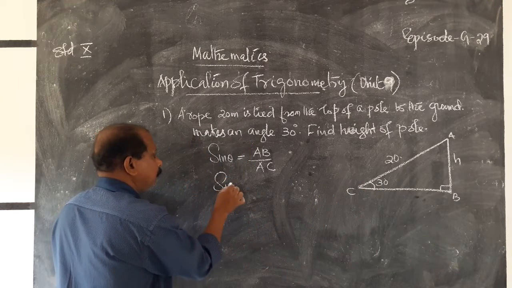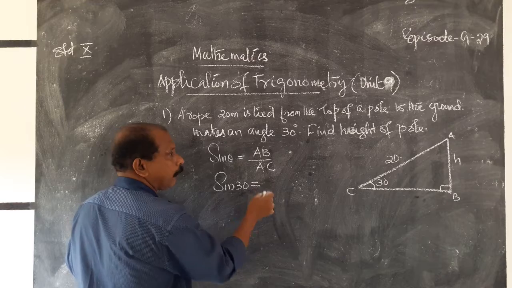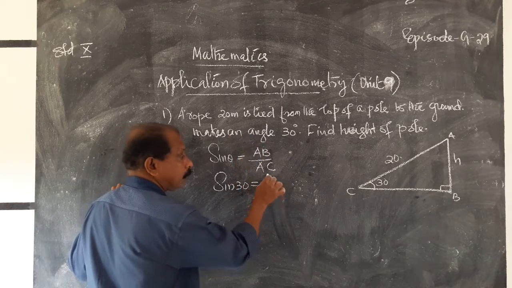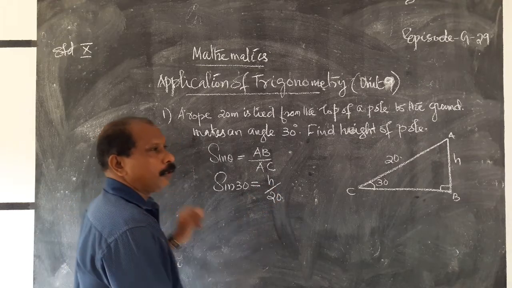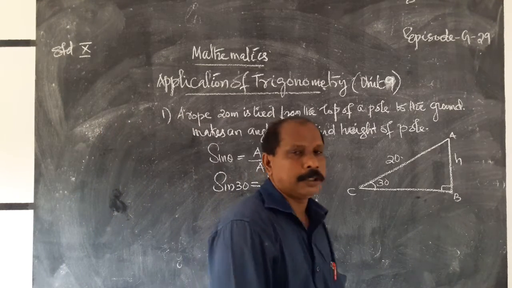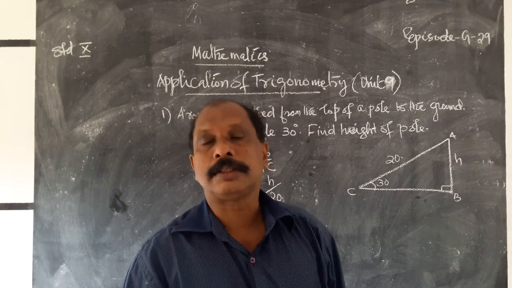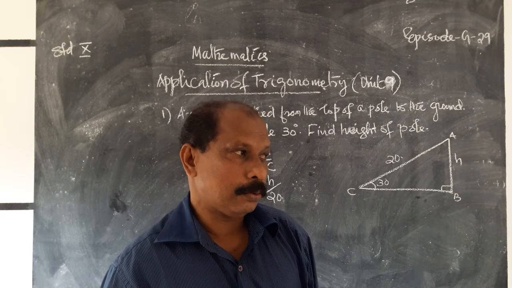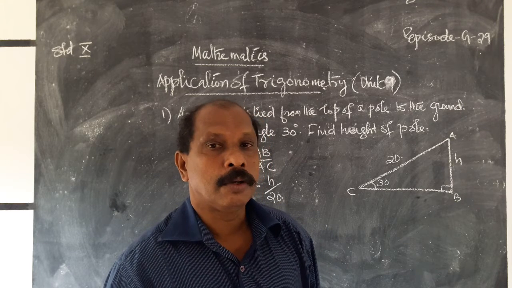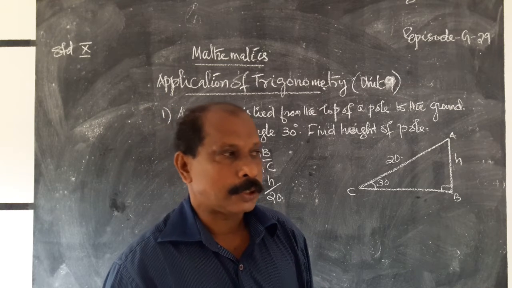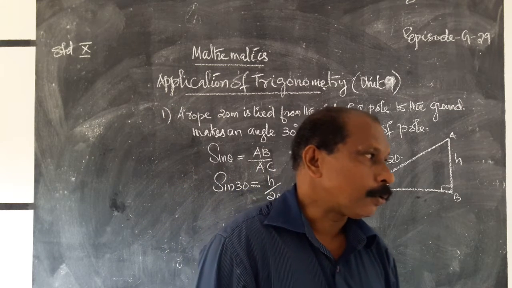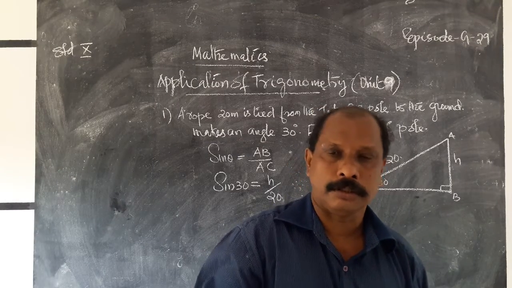Therefore sin 30 is equal to AB by AC, that is h by 20. We know from the previous trigonometry chapter: sin 0 is 0, sin 30 is 1 by 2, sin 45 is 1 by root 2, sin 60 is root 3 by 2, sin 90 is 1.